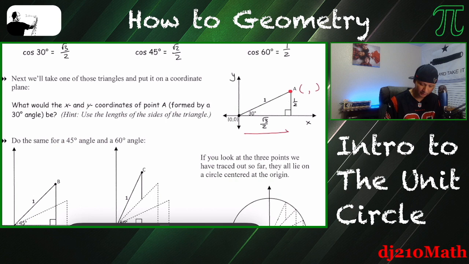So the x length is going to go this direction. So it's the length of the long side, √3/2. And then the height, how far up it goes in the y direction, would be 1/2. So the coordinate for point A is √3/2, 1/2.